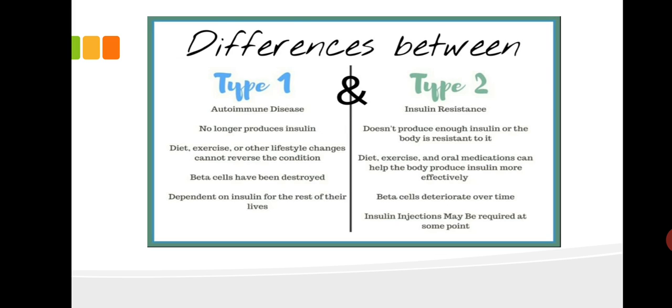The beta cells have been destroyed in type 1. In type 2 diabetes, beta cells deteriorate over time. Type 1 patients are dependent on insulin for the rest of their lives, but in type 2 insulin injection may be required at some point.